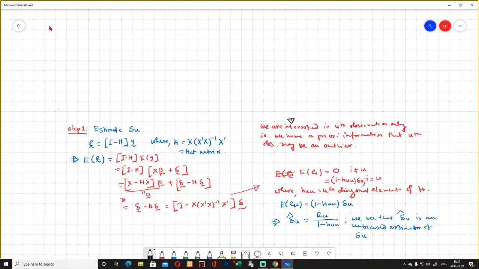It may be observed that delta u hat is simply the PRESS residual.